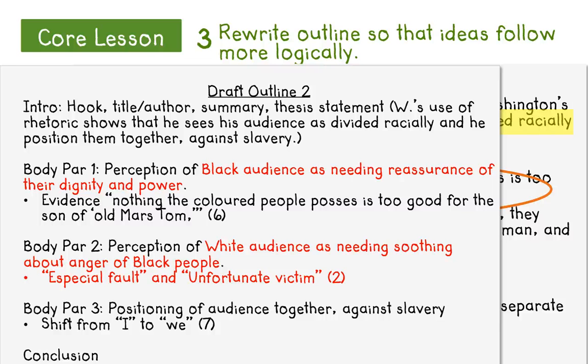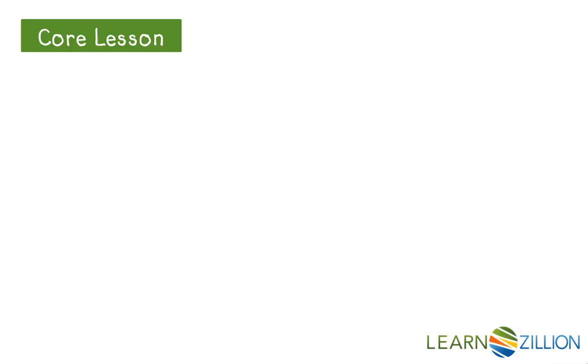So it's very important that you recognize that writing is a recursive activity, that you're continually coming back over and recrafting and shifting and stretching. It's not something that comes out perfectly the first time. But now, as you can see, I have a much more logically organized outline for my essay.